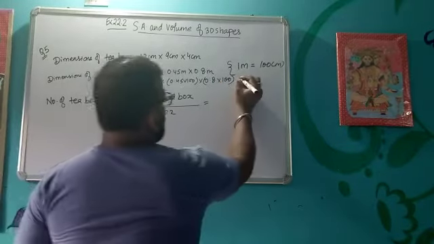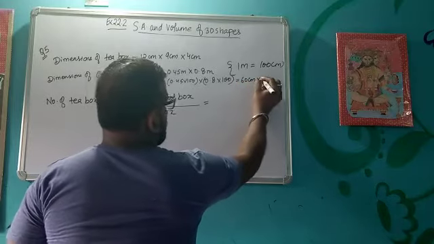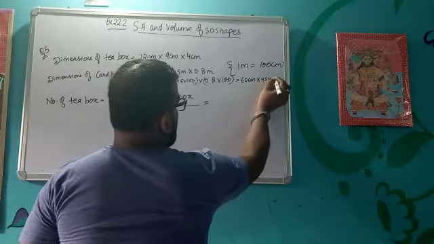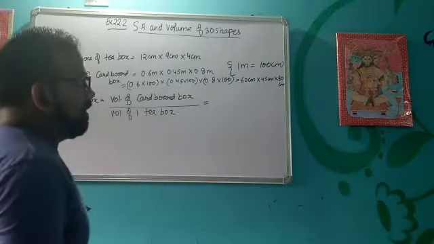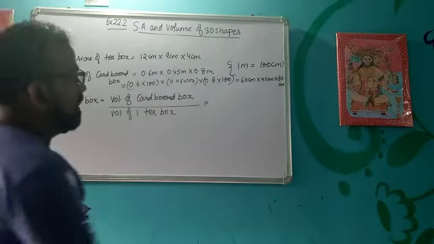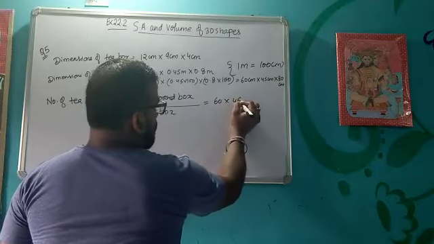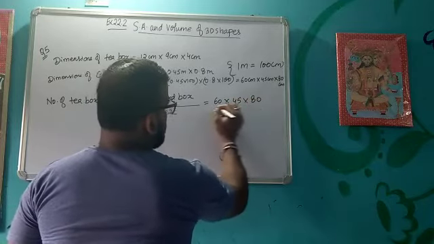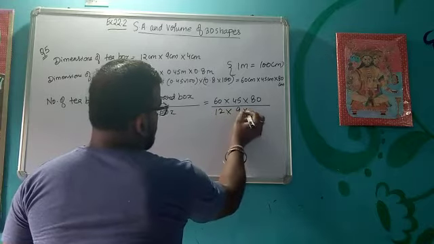So now it is 60 centimeter into 45 centimeter into 80 centimeter. Now all the dimensions are converted into centimeters. Now I will write the formula: 60 into 45 into 80 divided by 12 into 9 into 4.